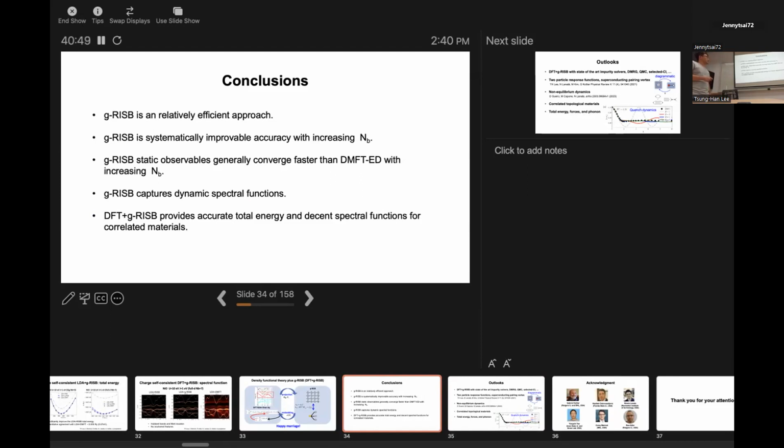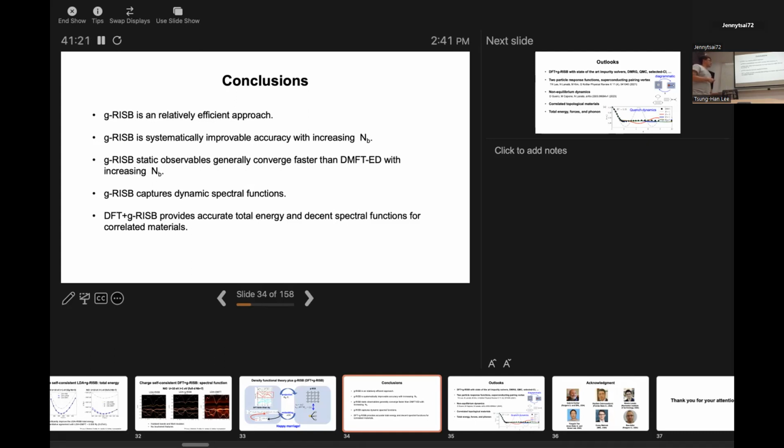And as we have observed in multi-orbital and one-band cases, the static observables generally converge faster with the increasing number of bath orbitals compared to DMFT with Z diagonalization, solving with the discretized bath orbitals. And also our approach is able to capture the dynamical spectral function. Although it is a type of static approach, it still can capture dynamical spectral properties.